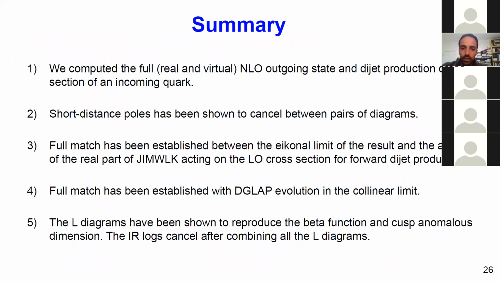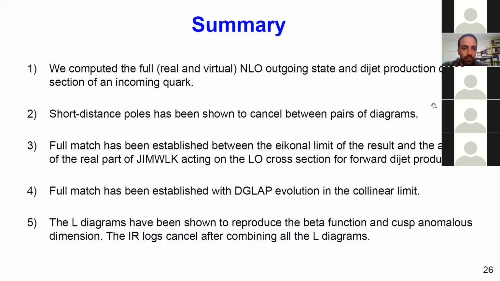Now let me give you a summary of my talk. We managed to compute the full outgoing state, and from this outgoing state we managed to deduce the cross section for dijet production. We managed to show that the result is free of divergences. The first one is the short divergence.